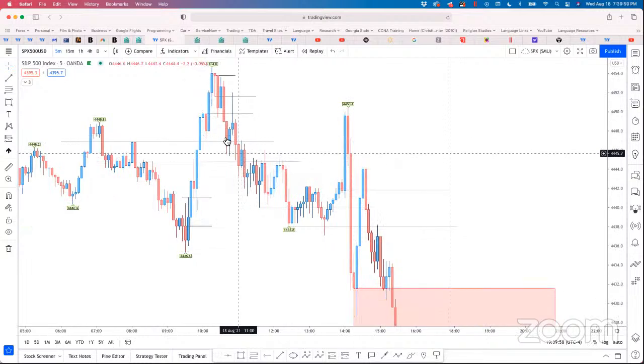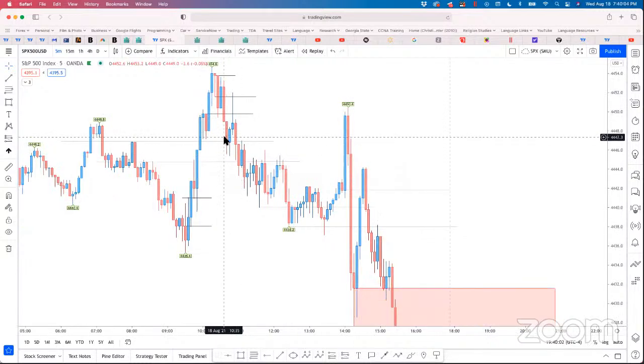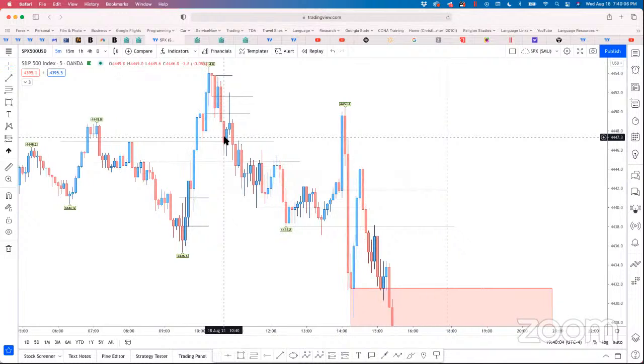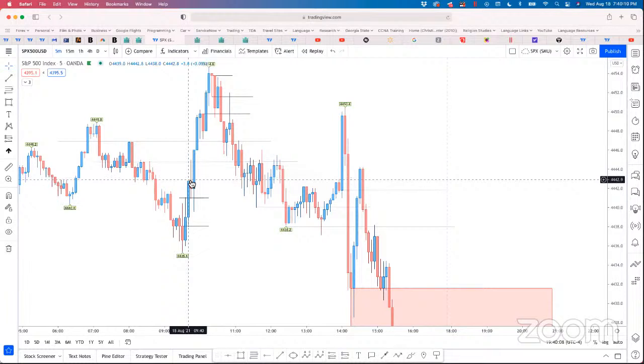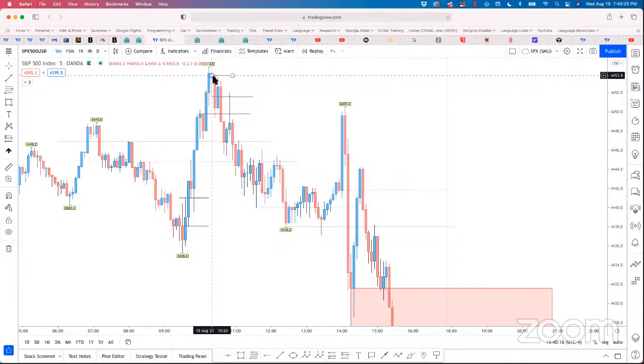You come back down. Today was a really good example of how price rebalances immediately and then long term. This candle needed to get rebalanced as soon as this traded above it. It pushed all the way up here and didn't rebalance to here and didn't hold it.